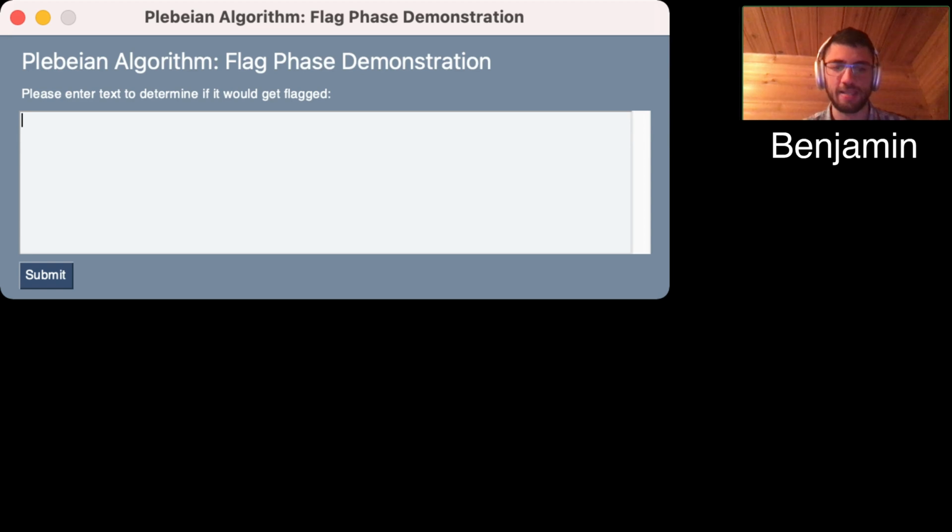So we're going to be doing a demonstration of the flag phase. Essentially you can put in text and it will tell you whether or not that text would get flagged. A good positive sentiment example that would be promoting true information would be: wear masks to save lives.